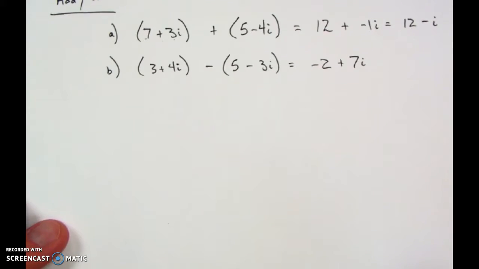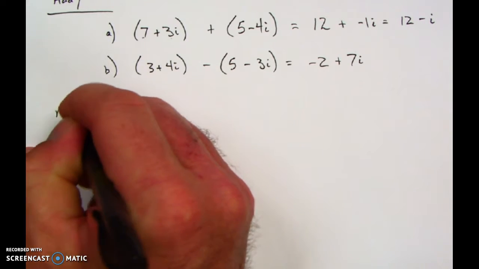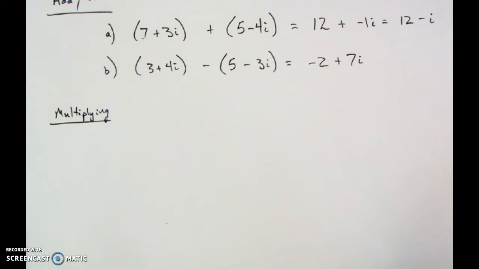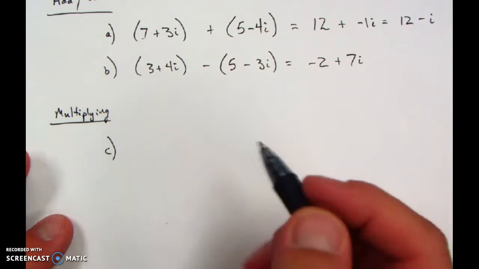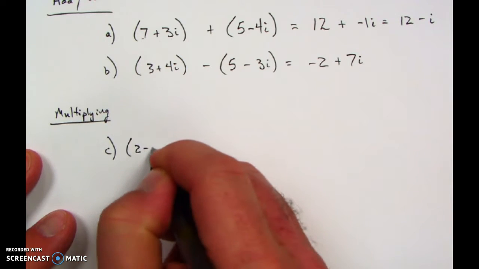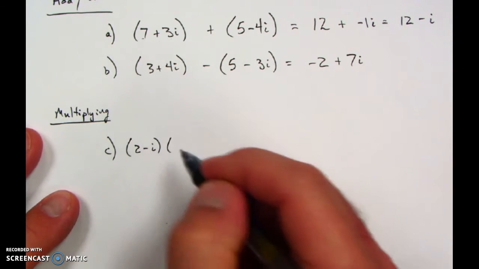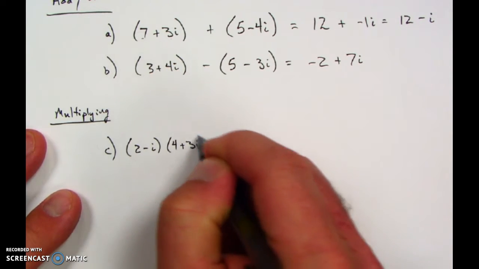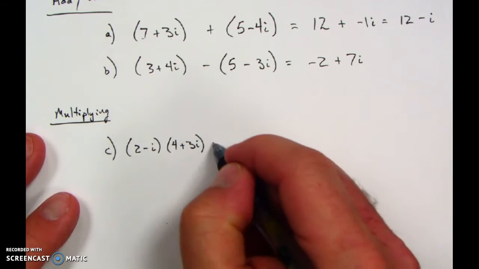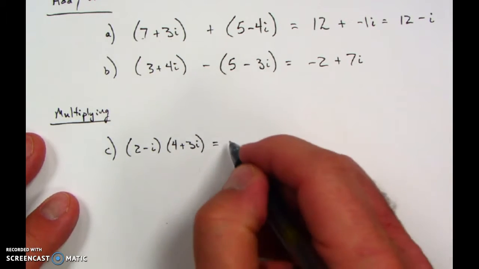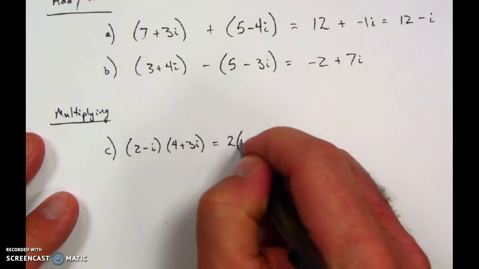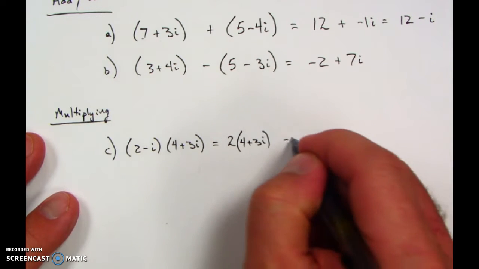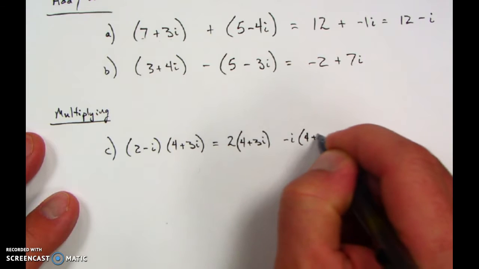Now we also need to be able to multiply. Multiplying complex numbers, a couple different examples here as well. If I have 2 minus i as my first number times 4 plus 3i, I could almost think of this like FOIL, or I can take 2 times this quantity of 4 plus 3i, and then I have the minus i times the quantity of 4 plus 3i.